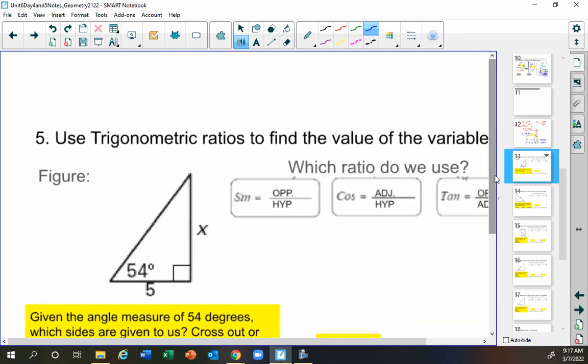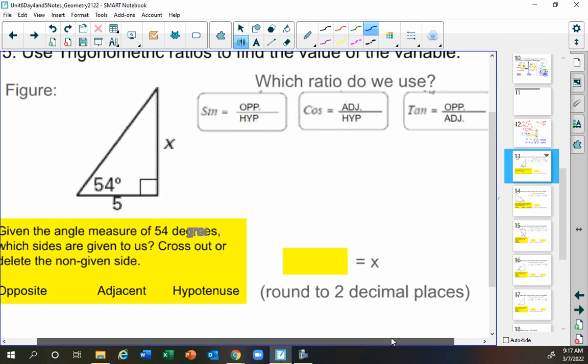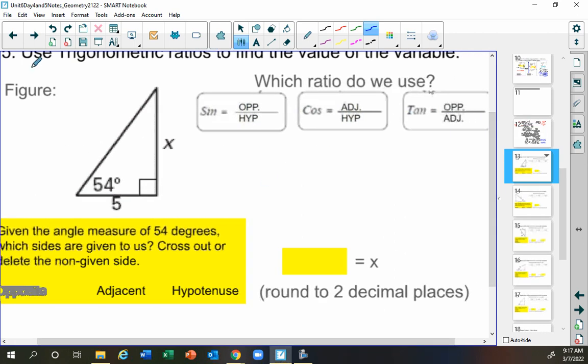All right, here's our second one. Okay, 54 degrees. That's our angle in question. So out of the 3, which one was not given to us? Hypotenuse was not given to us. So we only have an opposite and adjacent.